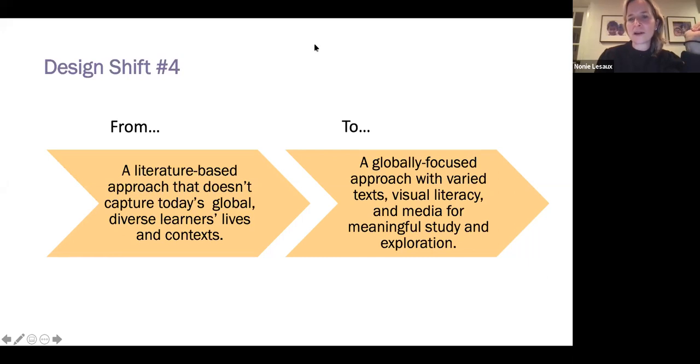And if we're going to mount the kind of model that every student deserves and that reflects the kind of diversity that we thought about together at the beginning of this presentation, then we're going to have a more globally focused approach with varied texts, with visual literacy and media for really meaningful study and exploration. If it's not meaningful and the engagement's not there, then we have an uphill battle.